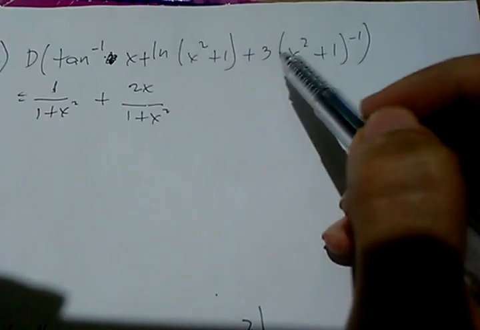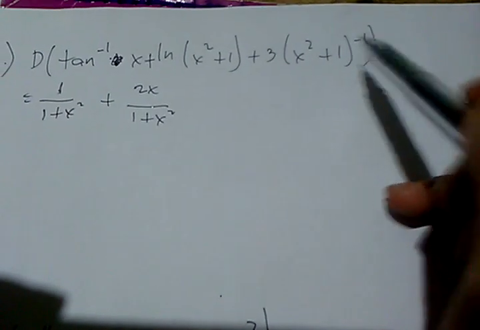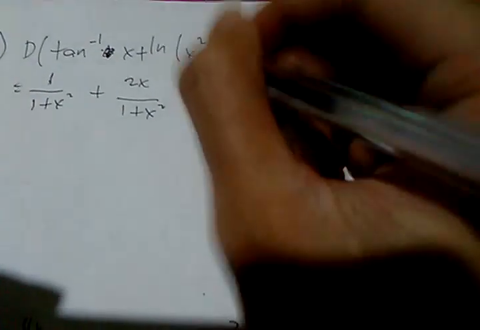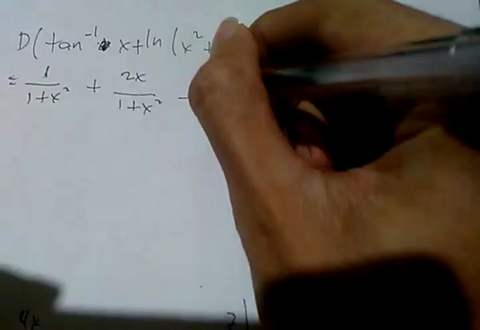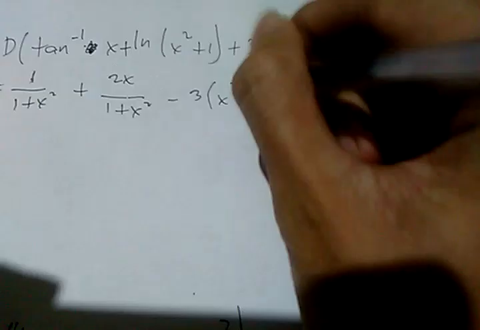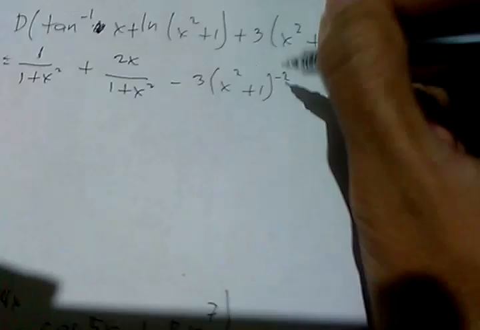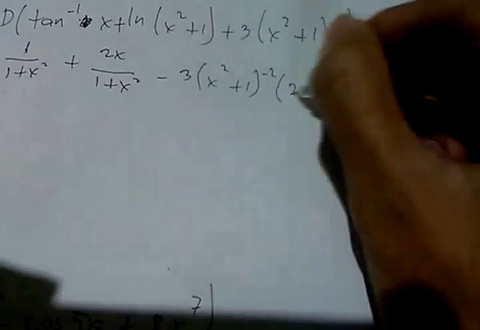Then for 3x squared plus 1 raised to negative 1, it is equal to negative 3x squared plus 1 raised to negative 2 multiplied by 2x.